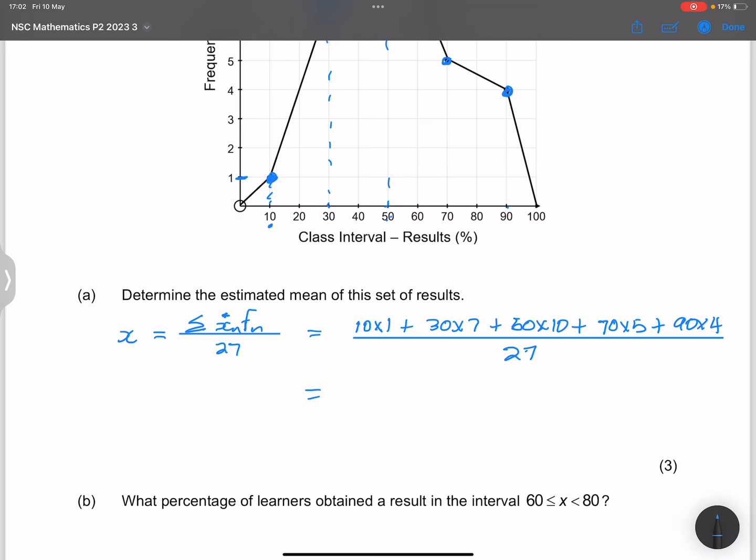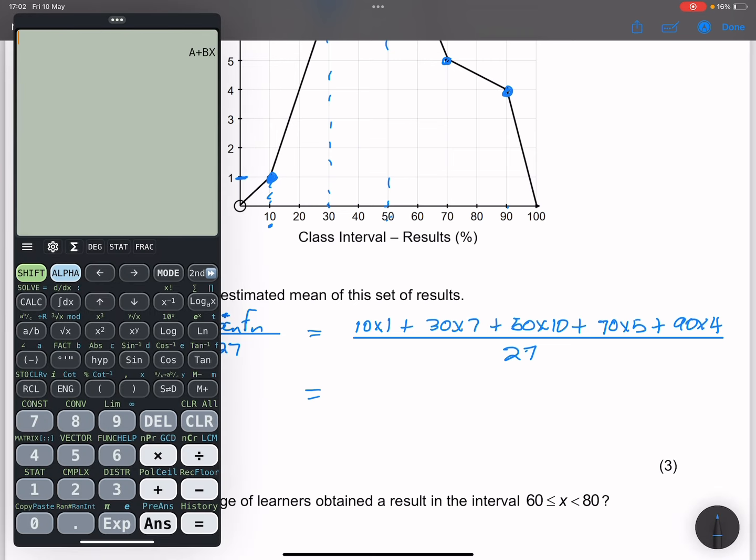So let's calculate that. 10 times 1 plus 30 multiplied by 7 plus 50 times 10, plus 70 times 5 plus 90 times 4. Please just make sure that I do the right thing there.